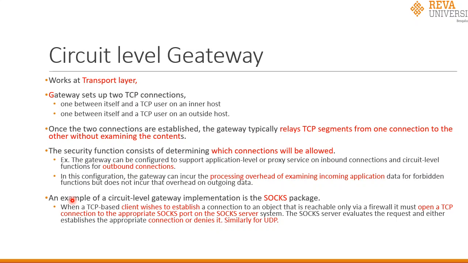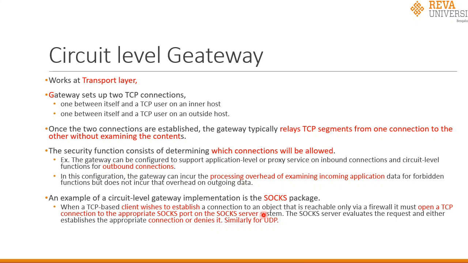An example of a circuit level gateway implementation is the SOCKS package, which was earlier on Unix, later also came into Windows systems as well. Here, when a TCP based client wishes to establish a connection to an object that is reachable only via a firewall, it must open a TCP connection to the appropriate SOCKS port on the SOCKS server.